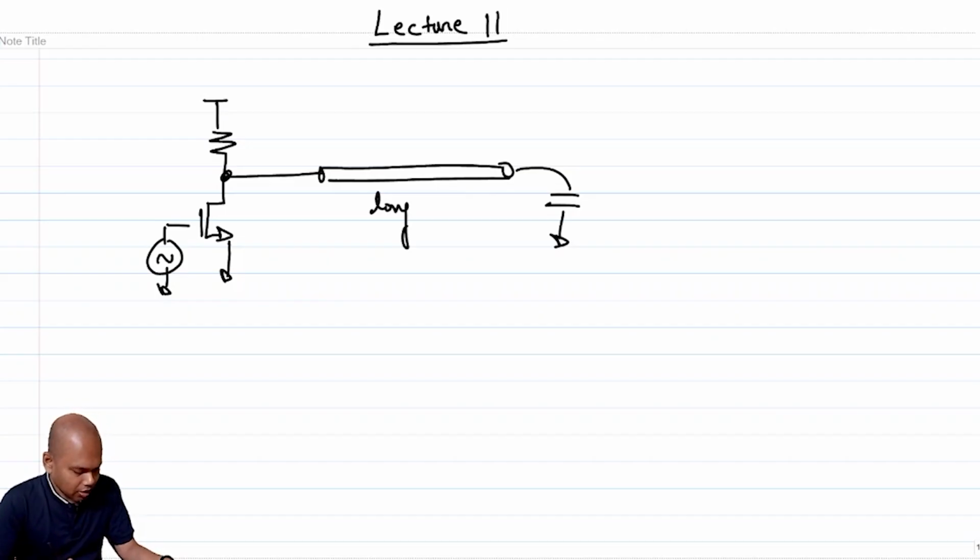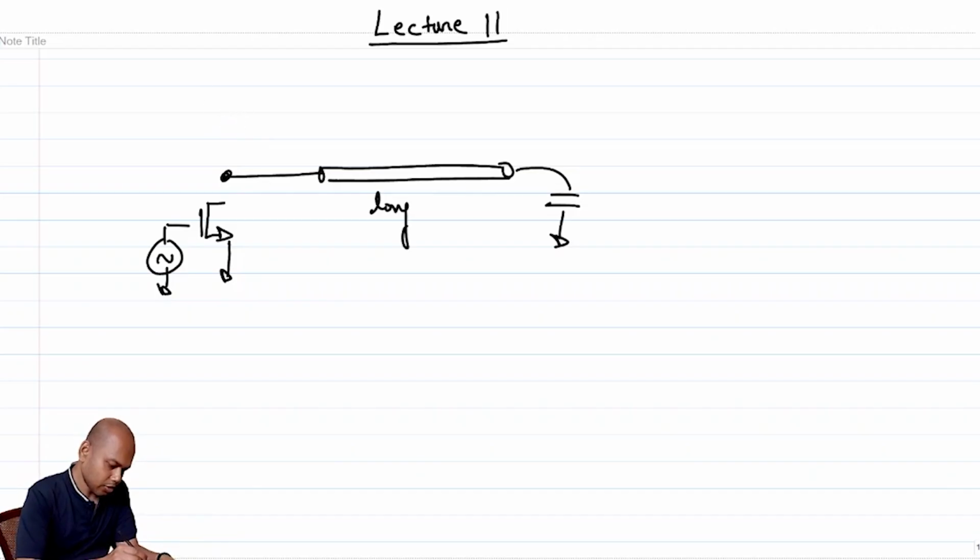So now, what do you think can happen in this regard? To make the analysis a bit more ideal, let's say this is the current source, and biasing is taken care of. Do not bother about biasing right now.